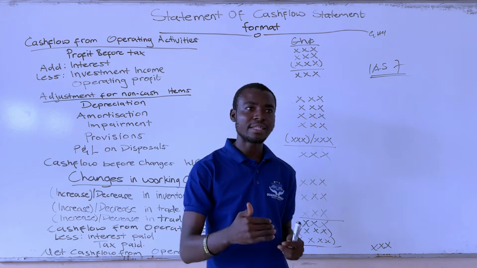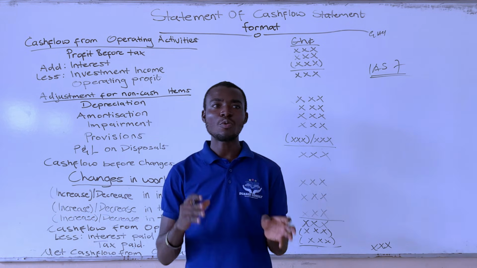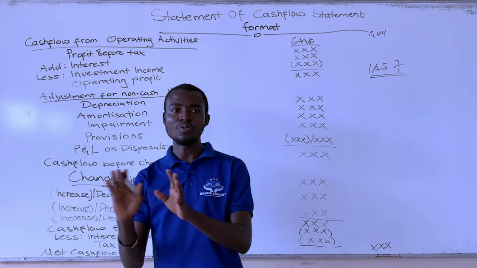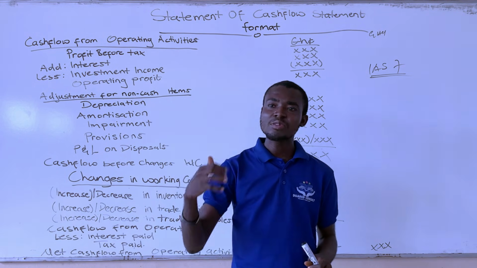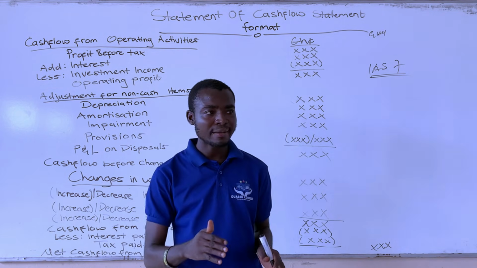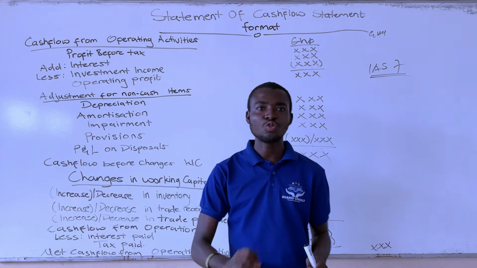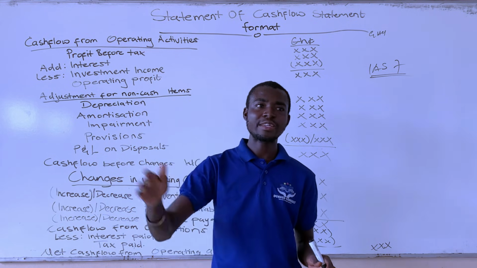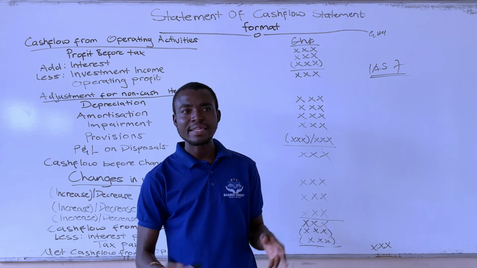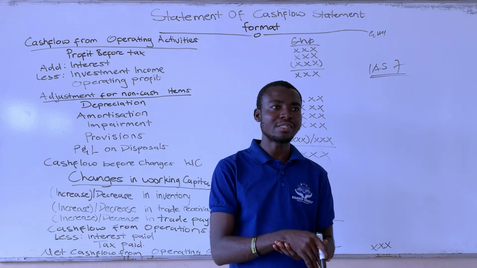And they cannot do that without purchasing tricycles, motor vans, and other things. So the acquisition of the tricycles, motor vans, and vehicles to aid in the transportation of bread from their factory to their vendors or the final consumer is termed as investing activities.